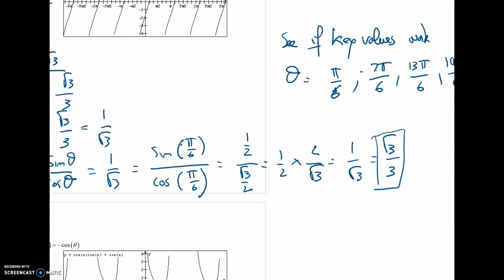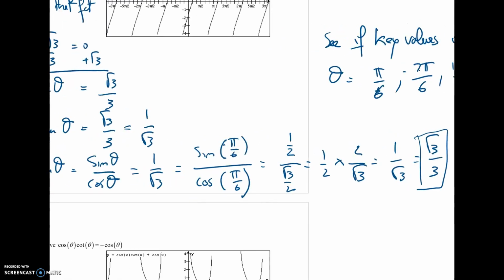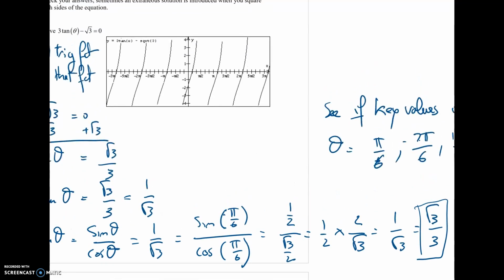Now, if you look at it graphically, what do you have? You will see that at pi over 6 and every 7 pi over 6, etc., you have your function equal to 0. So graphically, you could also see that. All right, let's jump to the second problem.